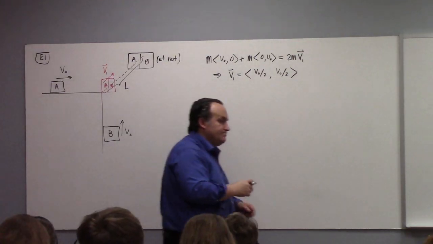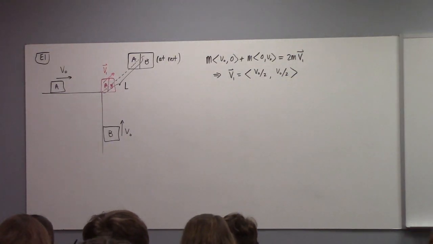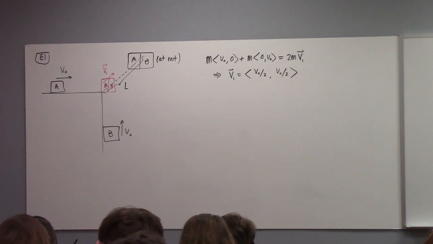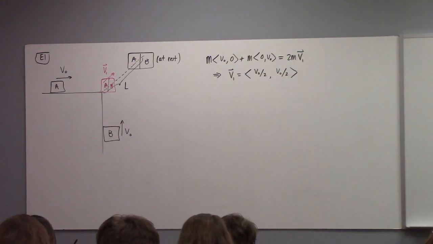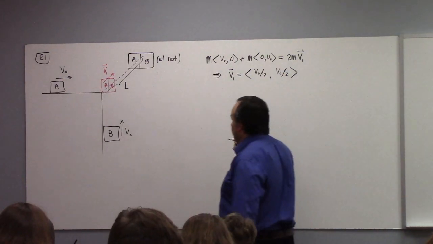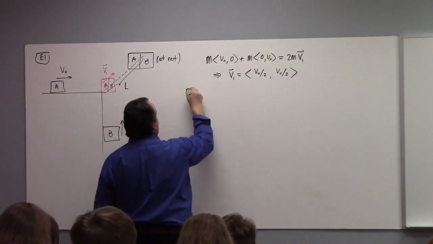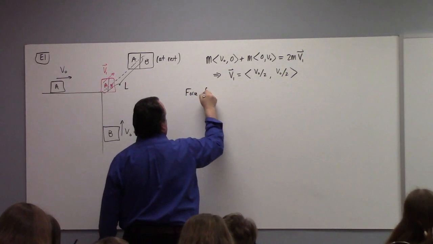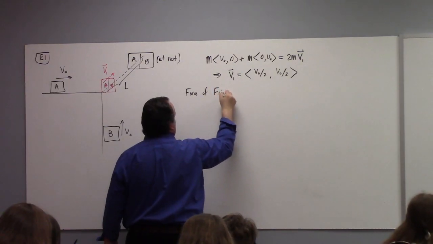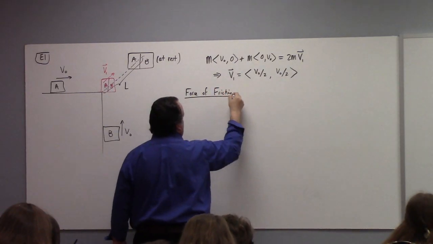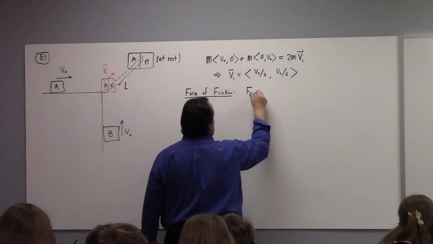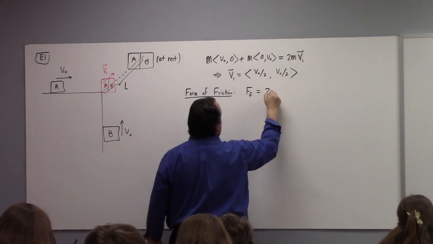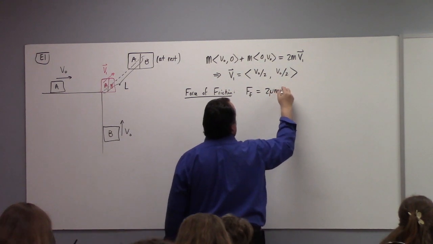And let's see here. What's the force of friction in the slide? We're assuming it's a level intersection and everything. So the force of friction would simply be 2 mu m g.